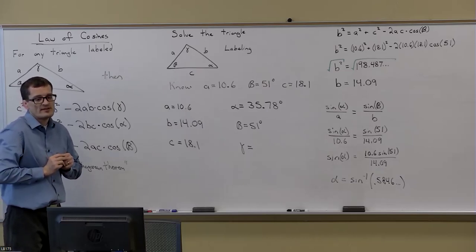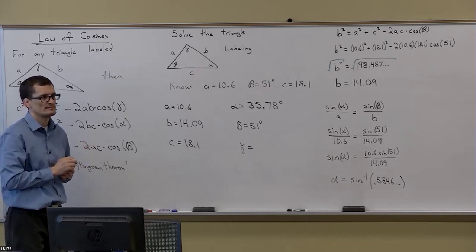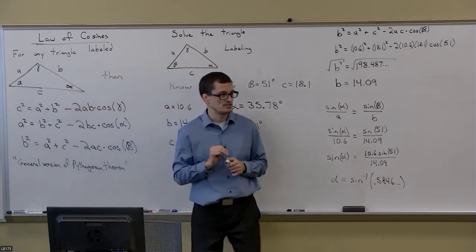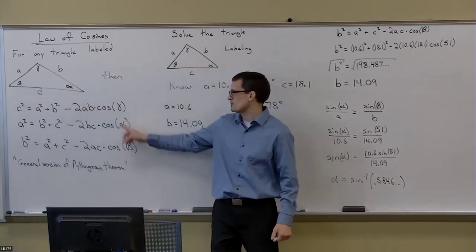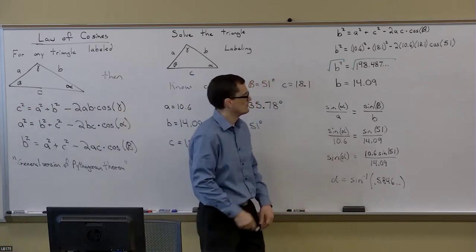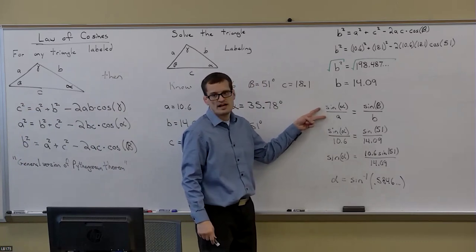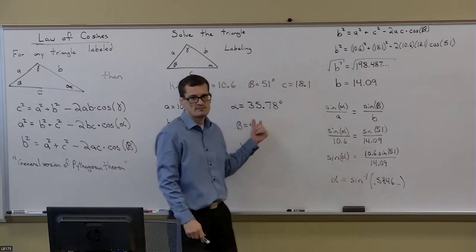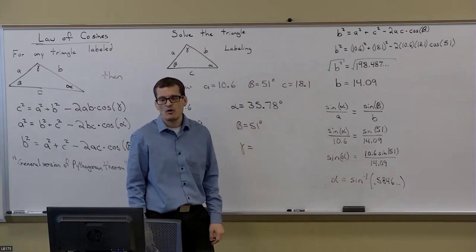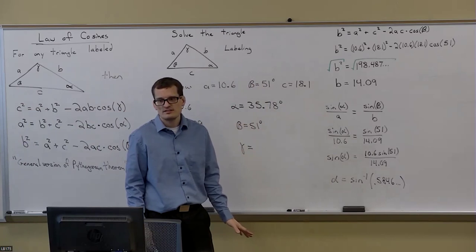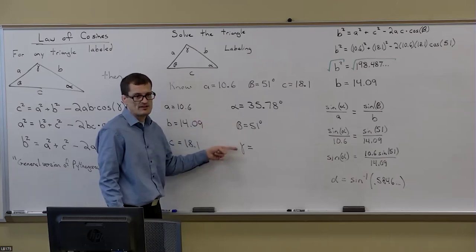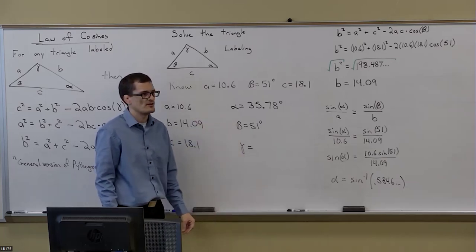Now, lastly, I need to find gamma. At this point, I actually have three options if I wanted to. I can use the law of cosines to find my gamma. I can use law of sines with sine alpha over A, set that equal to sine gamma over C. Or the easiest way is to say I have two angles, and three angles have to add up to 180 degrees, right?